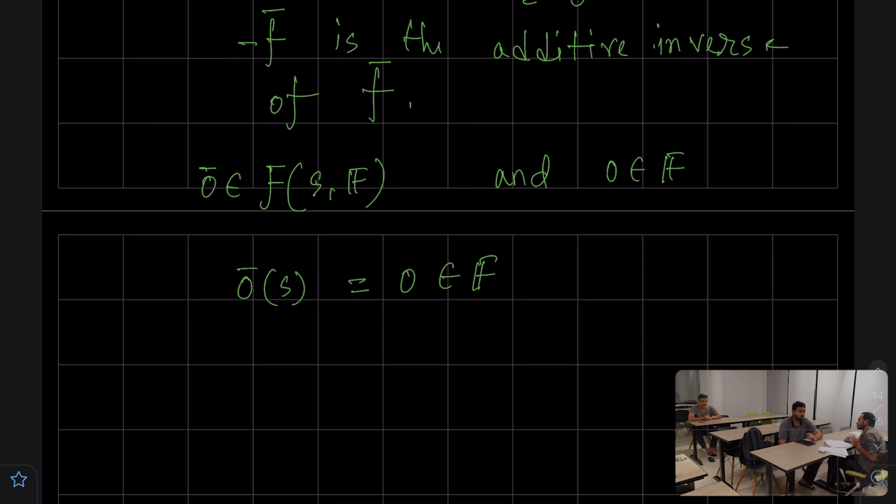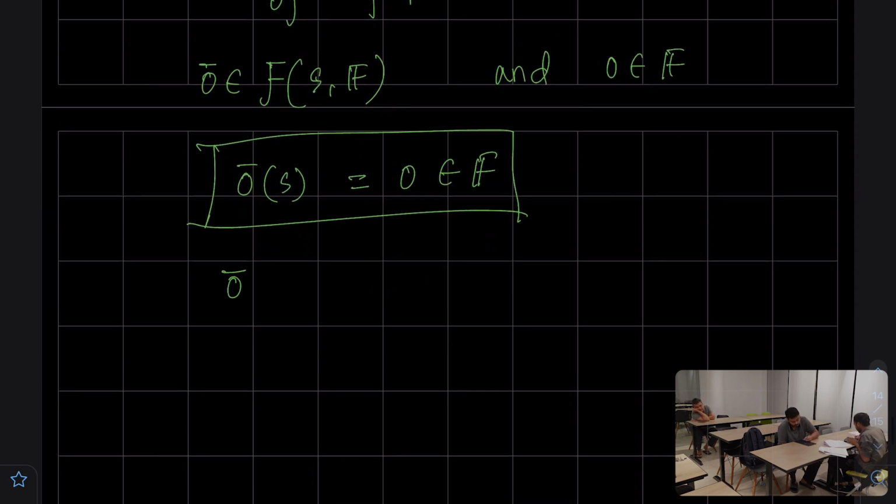I can see that it's a function, right? So what Jim is asking is, can you see from this definition that this is a function? Now, what is the definition of a function? You have to be consistent with the definition. For every s in the domain, there is a unique element. So if I consider 0 of s, that is 0, and 0 of s prime, that is still 0.